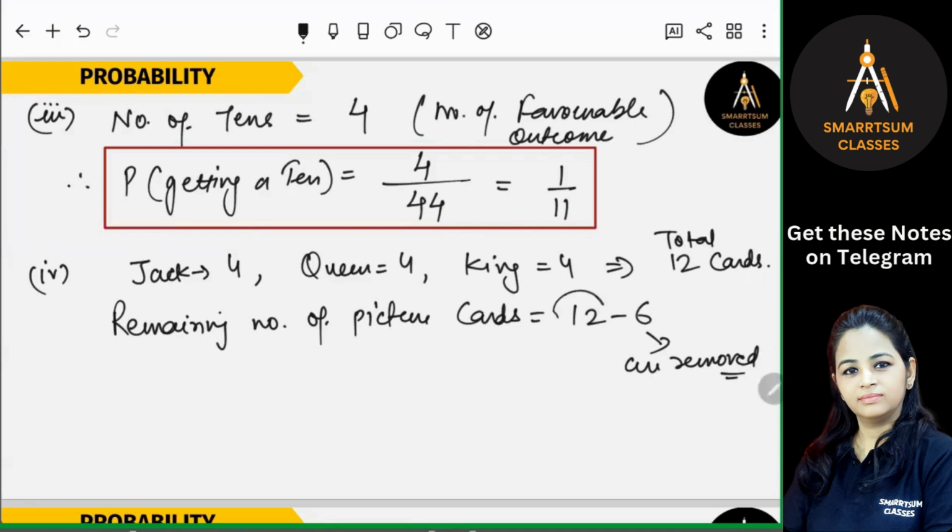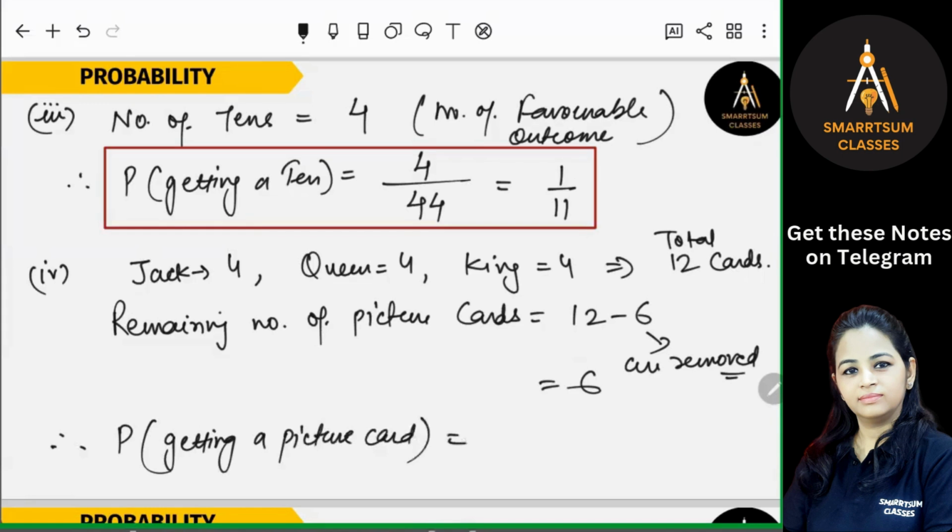So from the 12 picture cards, we have removed 6 cards. And this is equal to, the remaining number of picture cards in the deck is now 6. Therefore, this 6 will be the number of favorable outcomes for this event to happen. So the probability of getting a picture card, meaning either a jack or a king or a queen, will be the number of favorable outcomes, that is 6, divided by the total number of possible outcomes, which is 44.